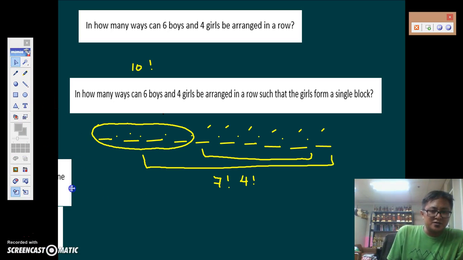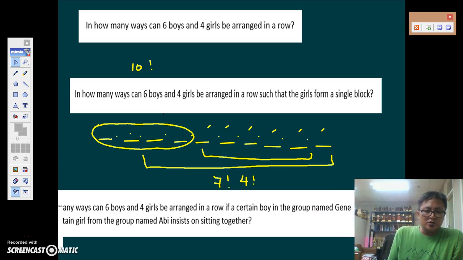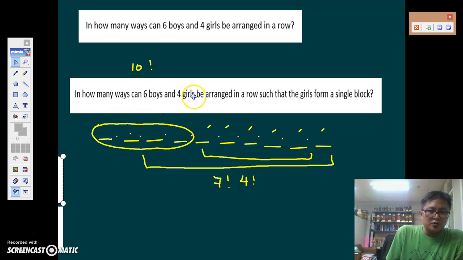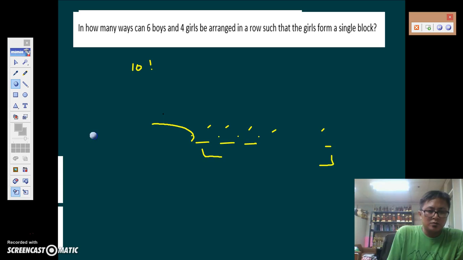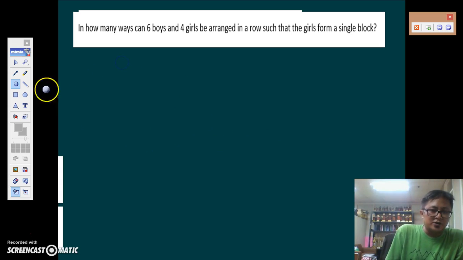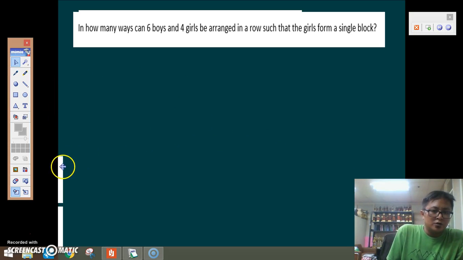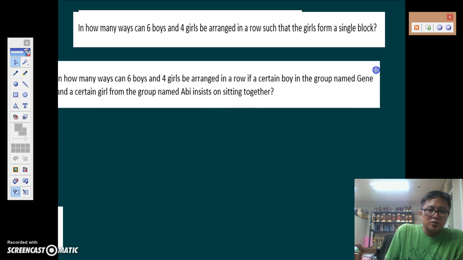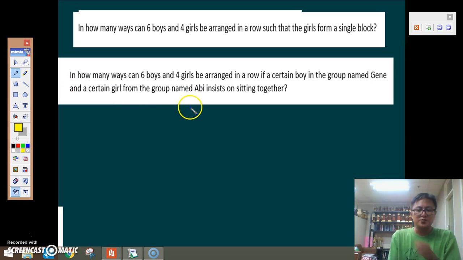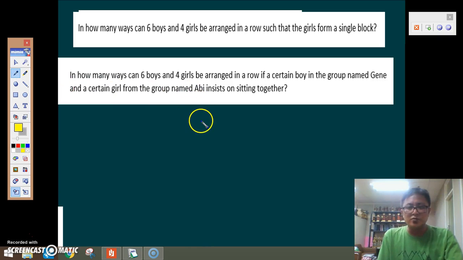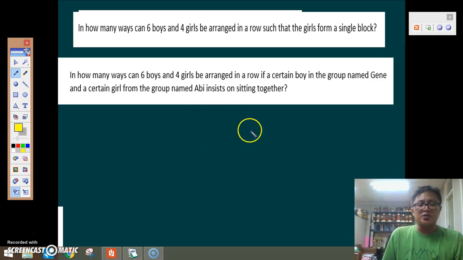Let's have the next. What about this problem? In how many ways can the 6 boys and the 4 girls be arranged in a row if a certain boy in the group named Jean and a certain girl from the group named Abby insist on sitting together?